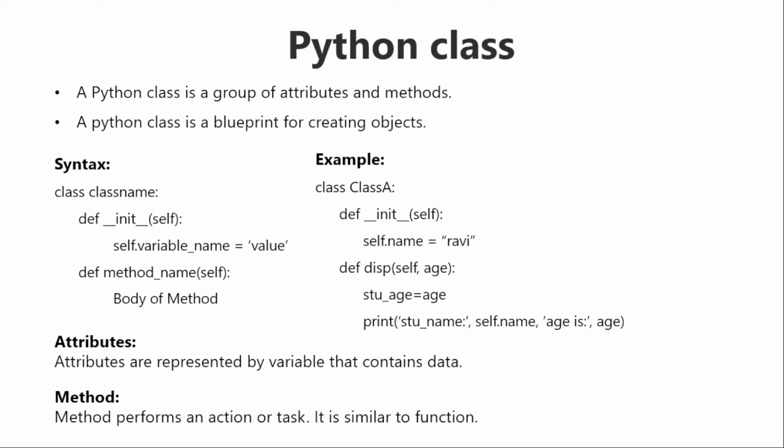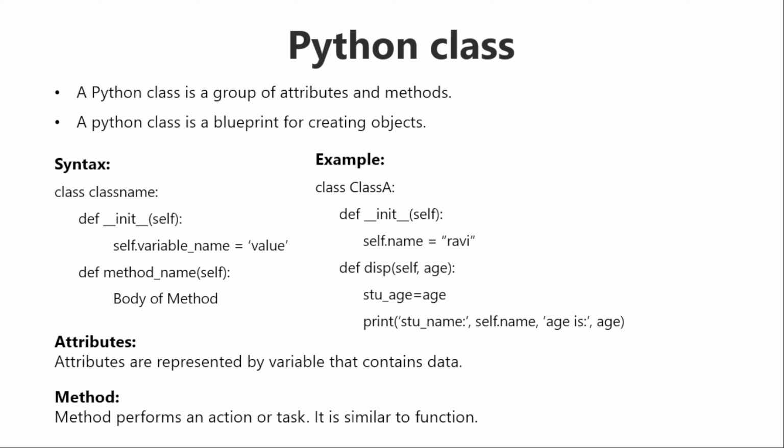For your reference, I have written one example as well. Class A, def __init__(self). This is a constructor. Here self.name = Ravi, which I have written. This is the input I have given to the constructor. Then I have defined a function called disp, and it has 2 arguments. The self is the first argument.